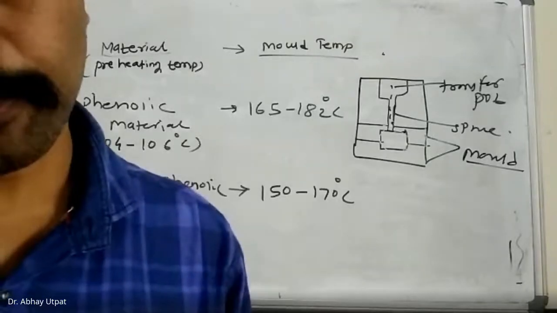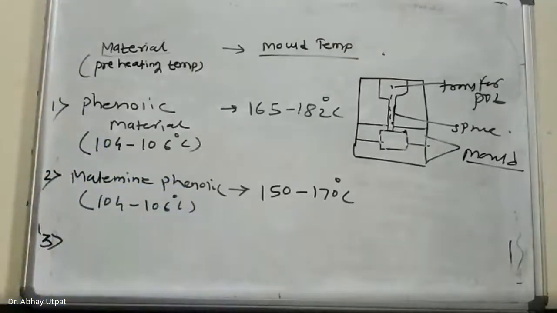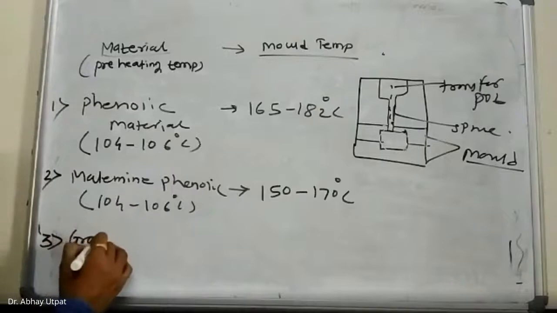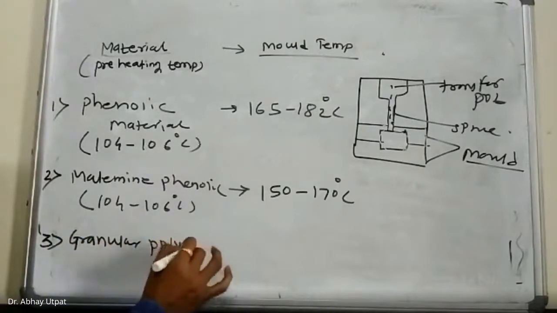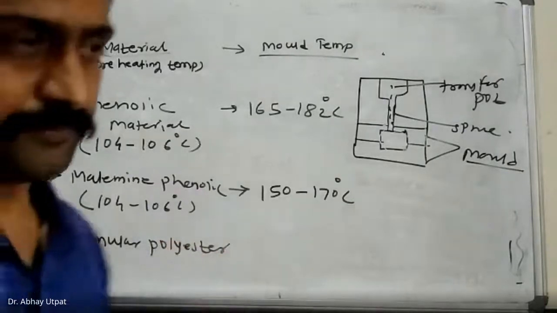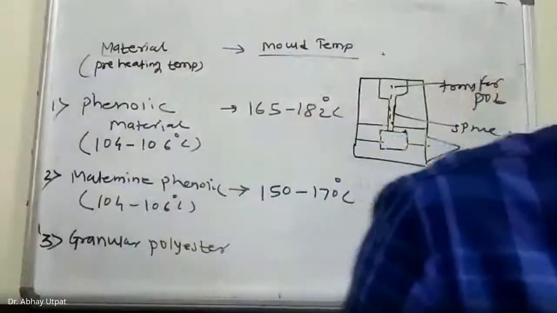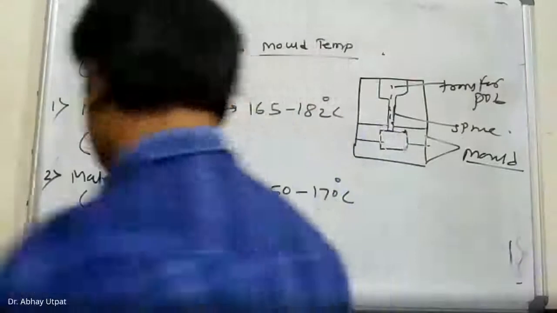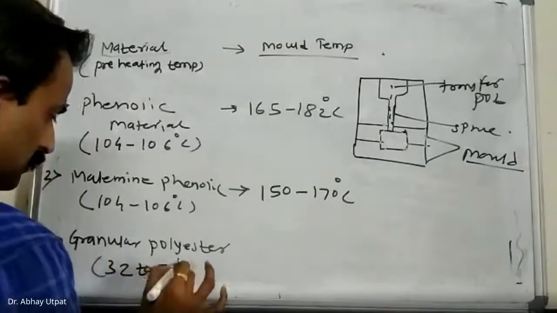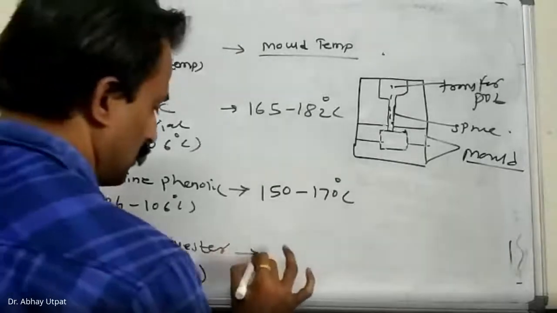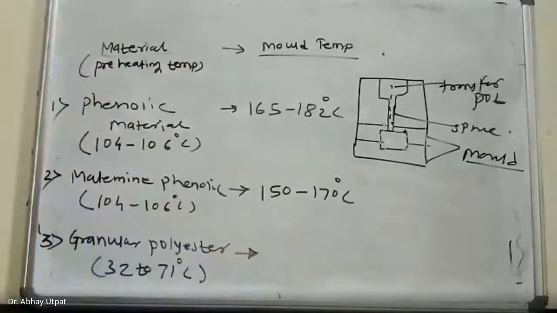Then granular polyester: 32 to 71, and mold temperature 154 to 182.